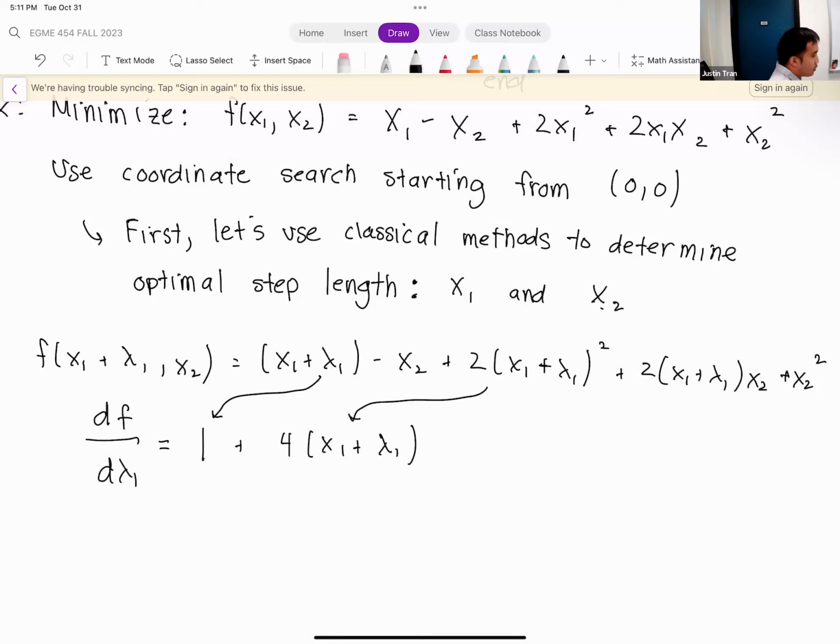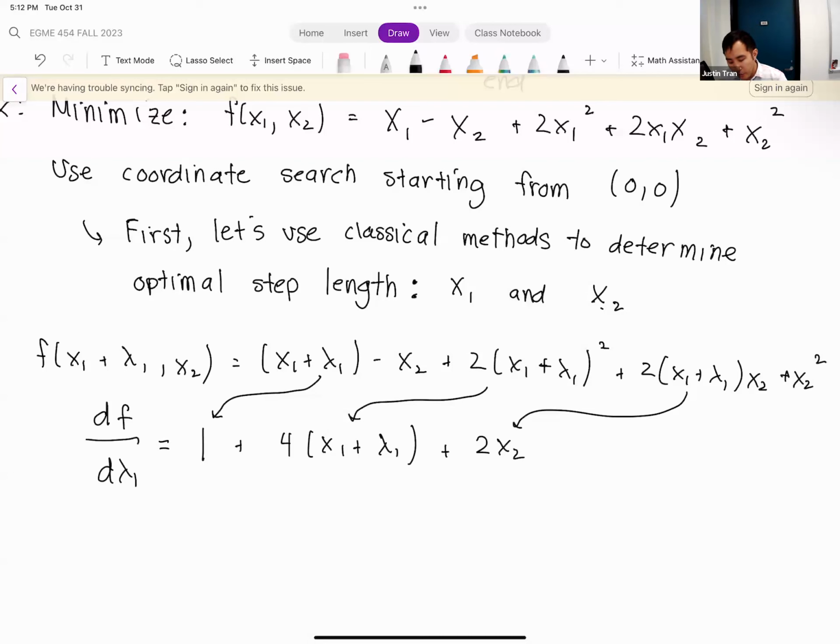The x1, x2 terms by themselves don't involve lambda 1, so when we take the derivative, we end up with 0. Next, we have a plus 2 x2. That comes from this term right here.